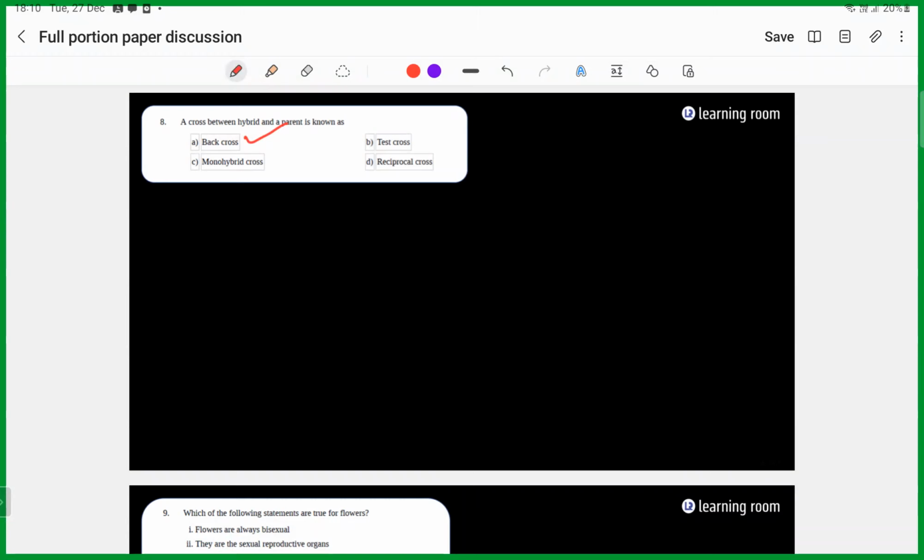Okay, fine. So back cross is, for example, the progeny is produced of heterozygous condition, correct? So listen, this is the progeny hybrid of these two.